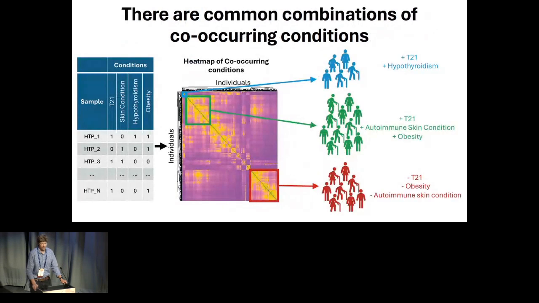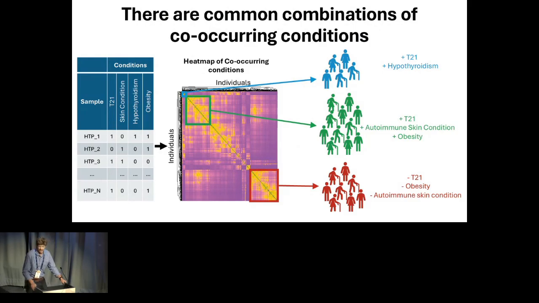Now, when we look across these combinations of co-occurring conditions, we can see that there is variation existing across this heterogeneous population. For example, if we are working with a cohort where we have some clinical data, we can use that data to create a sample similarity and start to observe pockets of people who have similar clinical profiles.